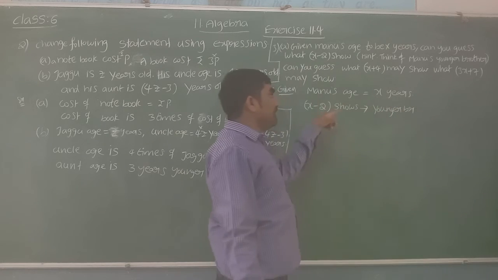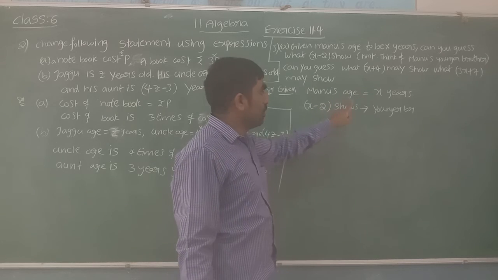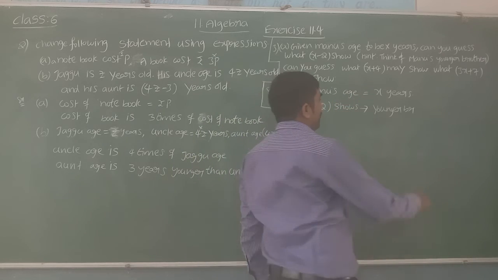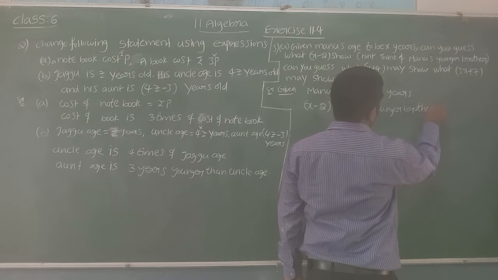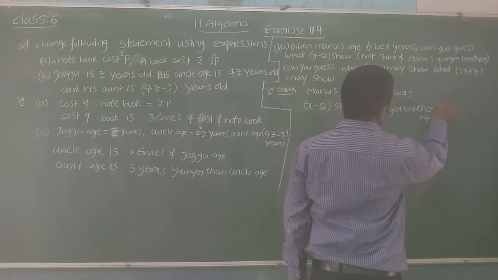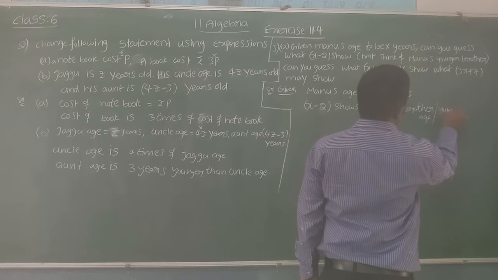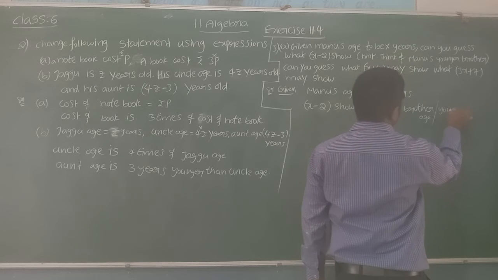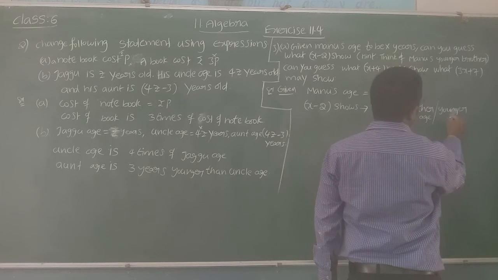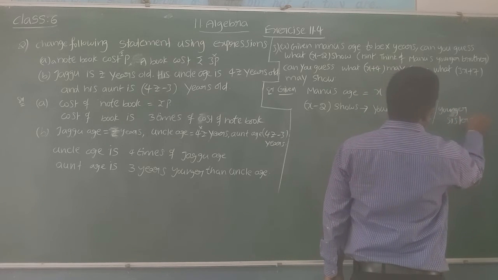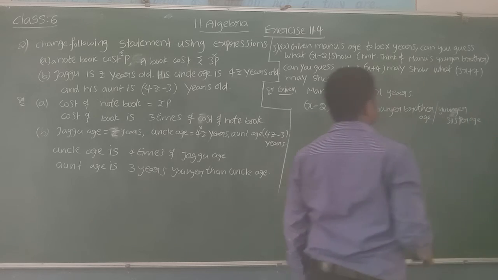It means it is less than Manu's age. So less than Manu's age means it may be her younger brother's age or younger sister's age also. Younger sister's age also is a possibility.